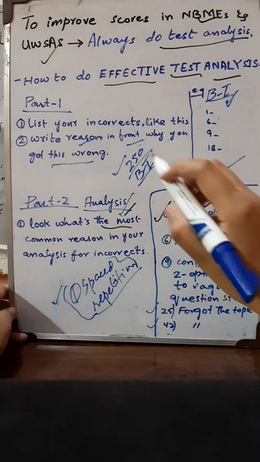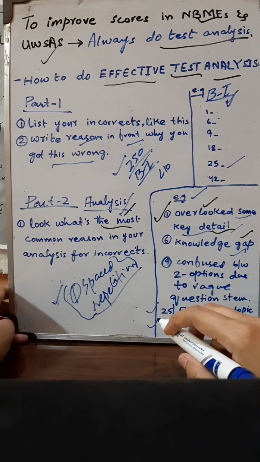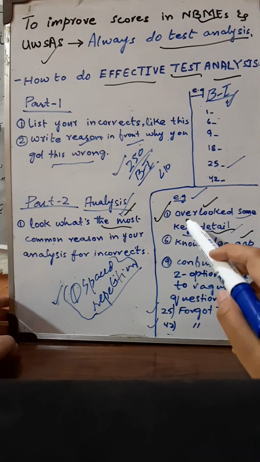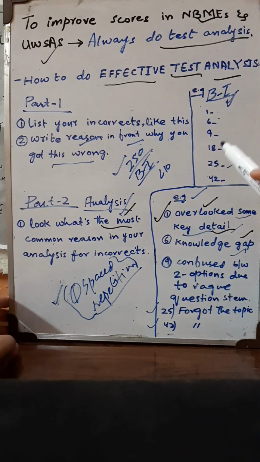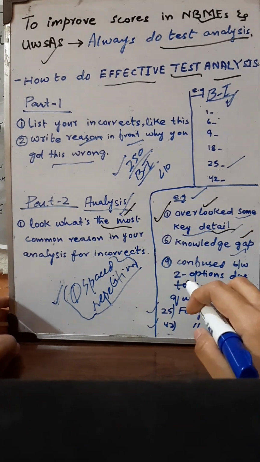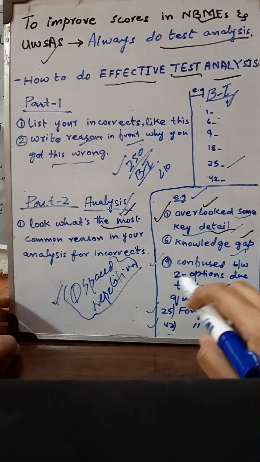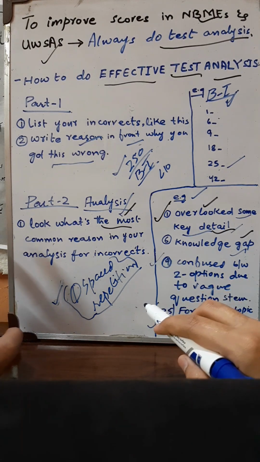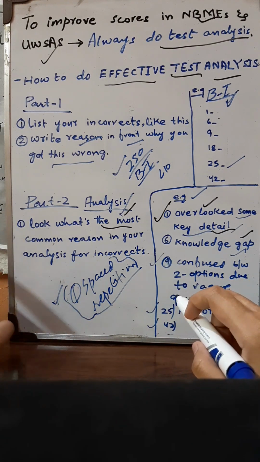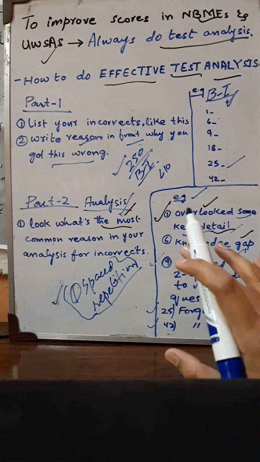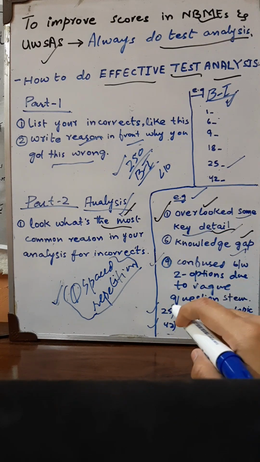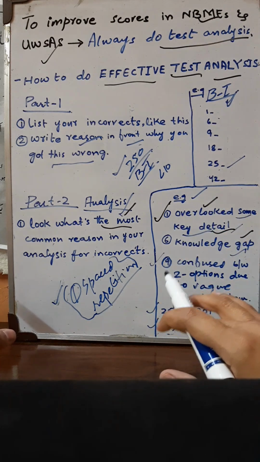So secondly, we'll again read the whole question stem, and we'll see, for example, in question number 9, that I was confused between two options that were very close and had the same presentation in the clinical vignette, and because of that I got confused between the two.